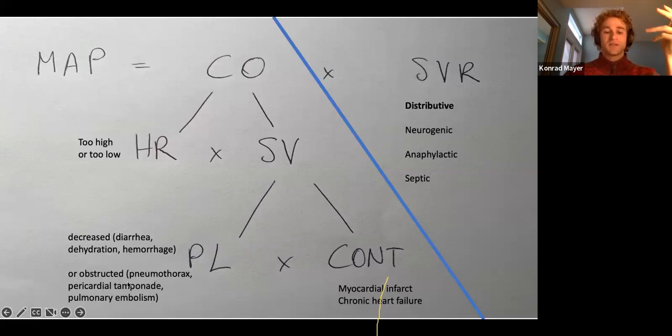It can be obstructed in cases of, for example, pneumothorax or pericardial tamponade or pulmonary embolism. And we can have problems in contractility if we are having a myocardial infarct or chronic heart failure.